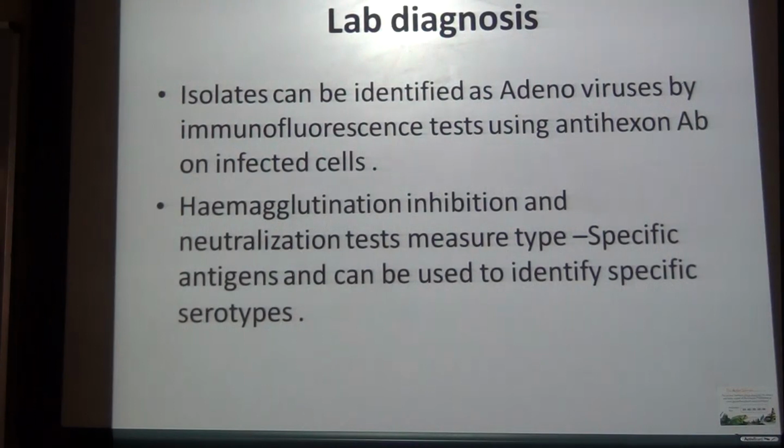Another method is that the isolates can be identified as adenovirus by immunofluorescence test using anti-hexon antibody. This is another method of antigen-antibody reaction which is detected by immunofluorescence method. Another serological test is hemagglutination inhibition test, which is done for those viruses which have hemagglutinins on their surface.